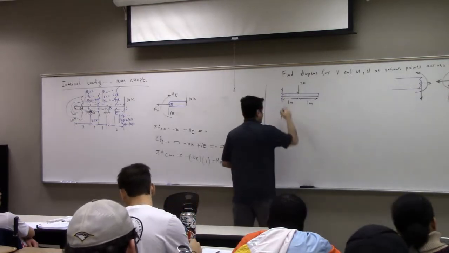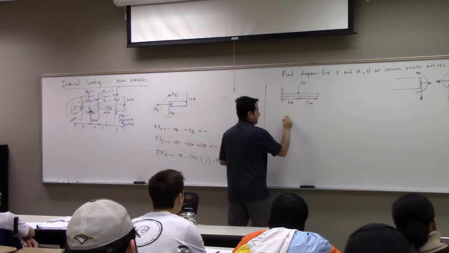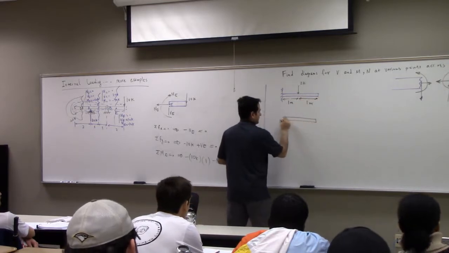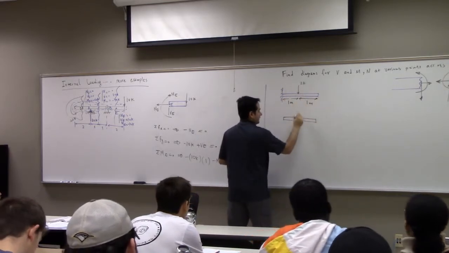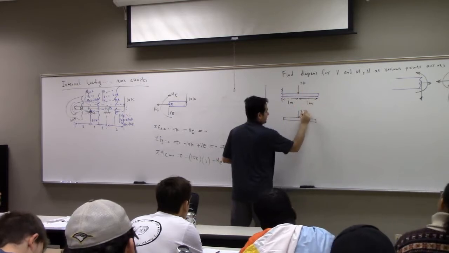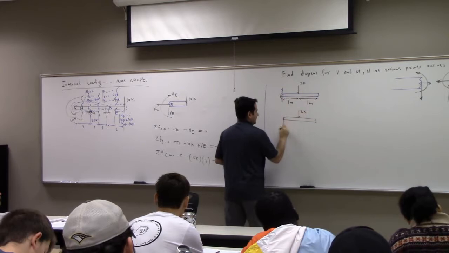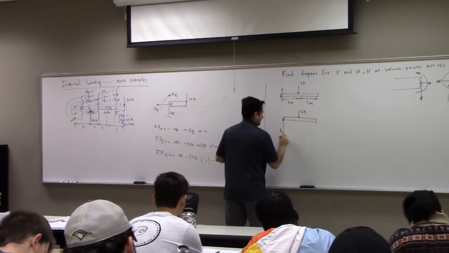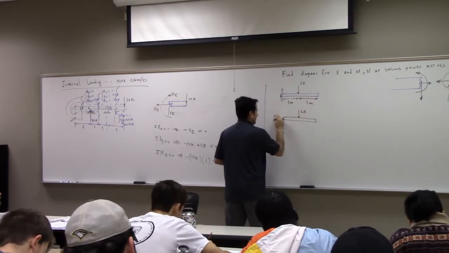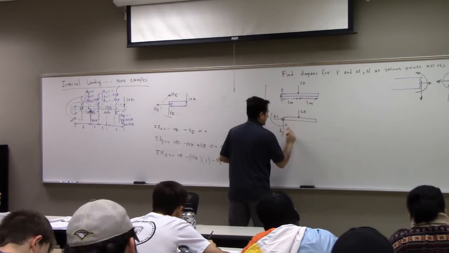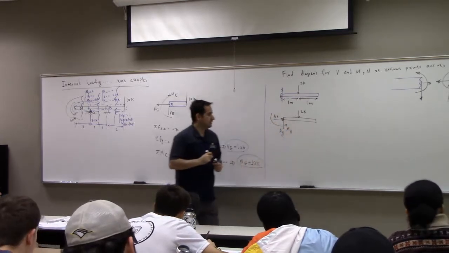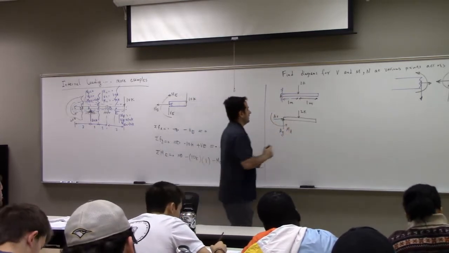So first, I do the external reaction analysis. If you take the entire thing as the system, then you have 2K here, and let's call this point A. So you have AY, AX, and MA, and then 2K.